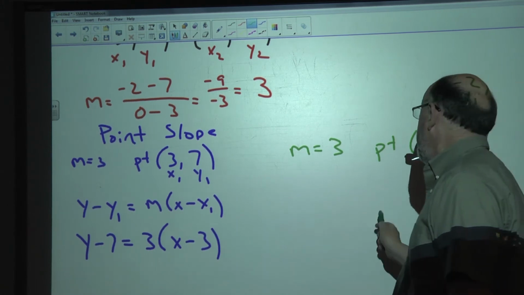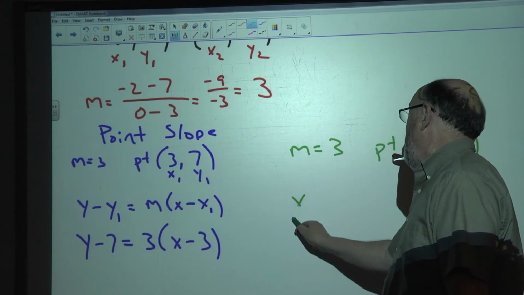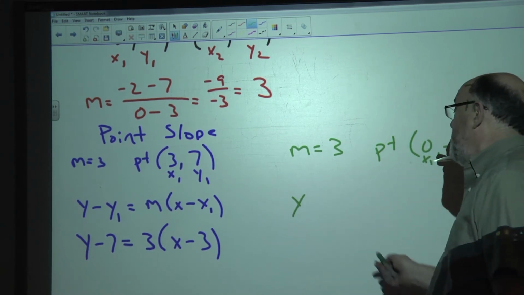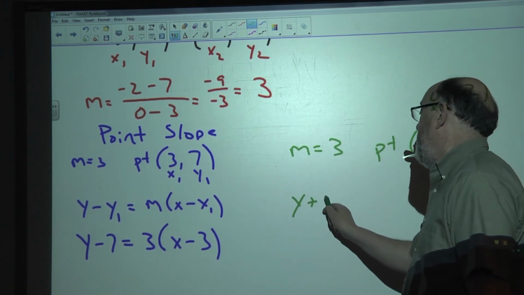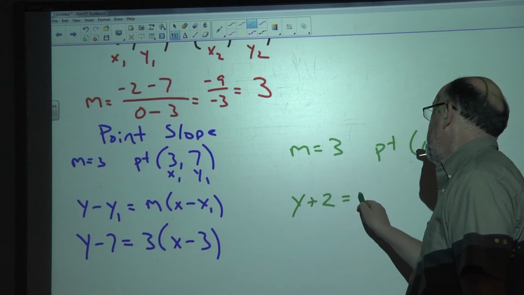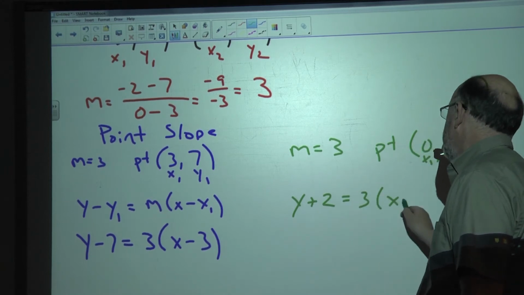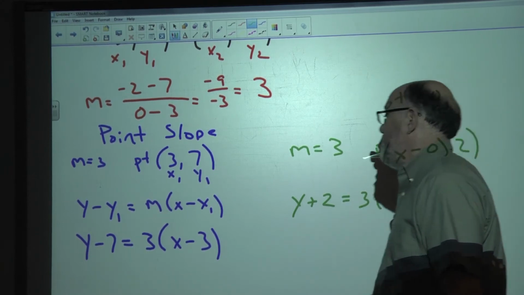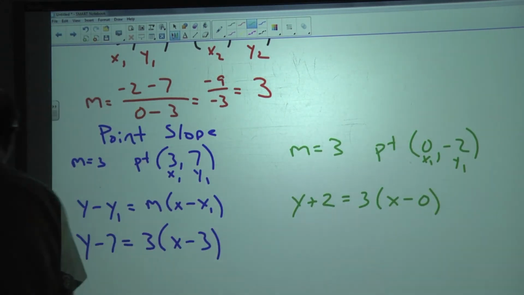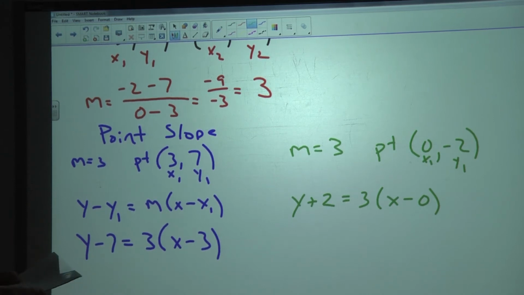And so if I plug in, we get y minus a minus 2, which will become y plus 2, equals 3 times (x minus 0). And again, obviously, x minus 0, well, that would just be x. And so we can just have y plus 2 equals 3x. Right? So that's our equation in point slope form.